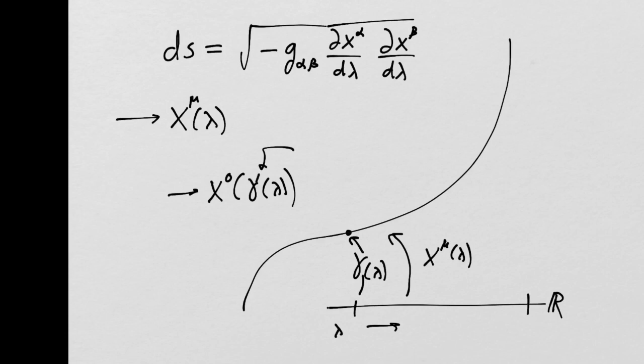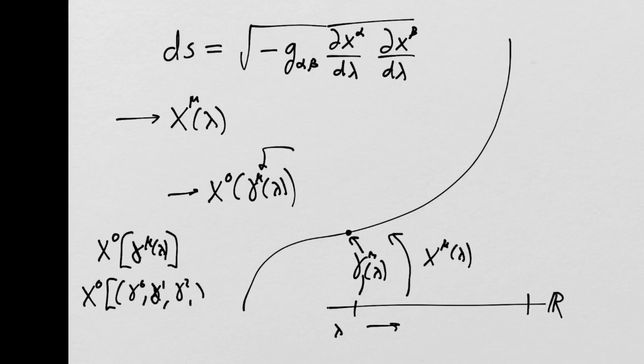That would be the function x0 acting on gamma mu of lambda, which is the same as x0 acting on gamma 0, gamma 1, gamma 2, gamma 3, where all of those are really functions of lambda, right?